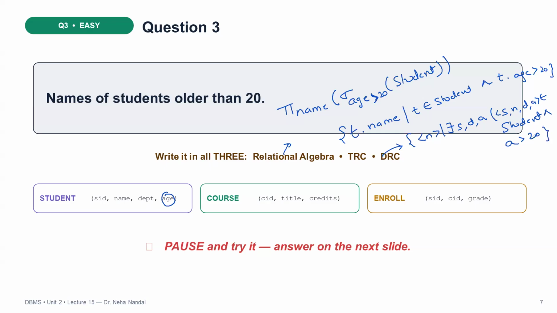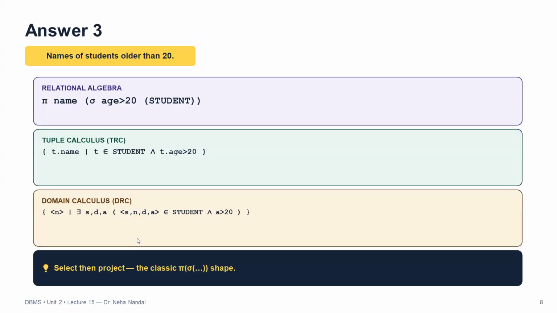That is your answer. I hope you got it. You can check it. The best way is to pause the video on the question, try the answer by yourself, and then check out the answer.